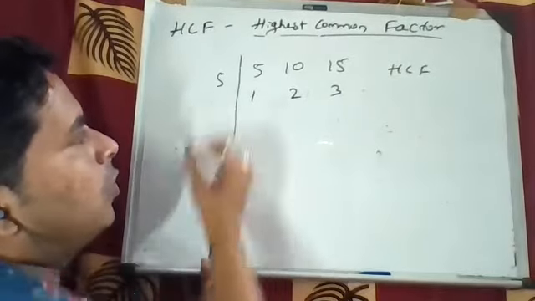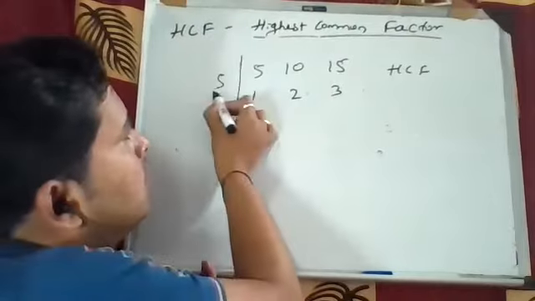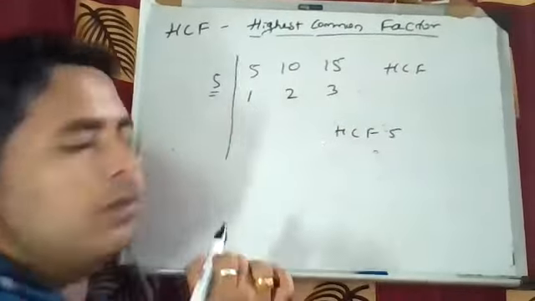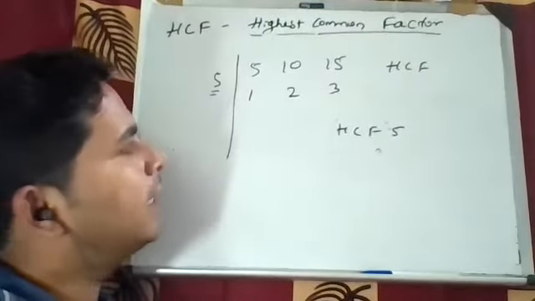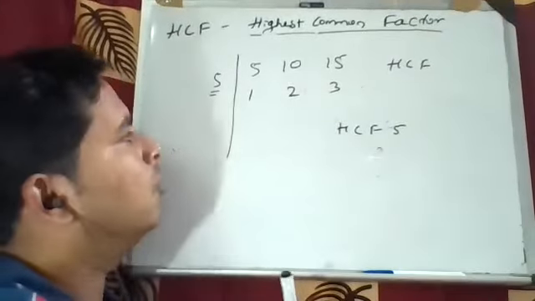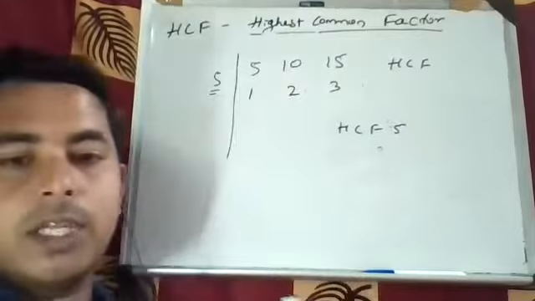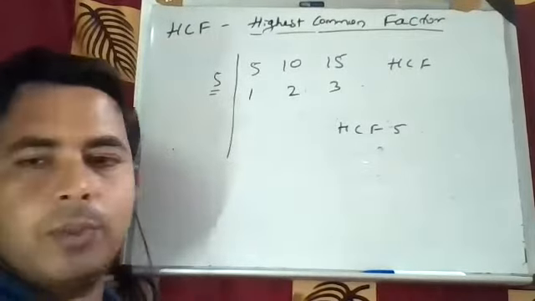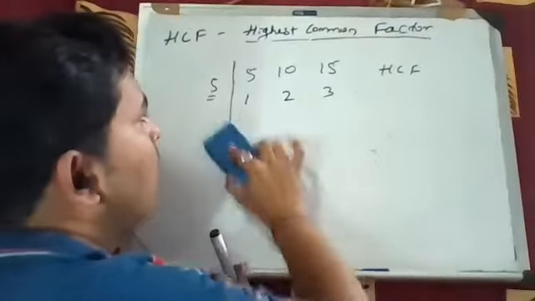So this 5 will become the HCF. That is the normal method to find the HCF. We learned this as the number which divides all the given numbers. Now, how to find it in another way.